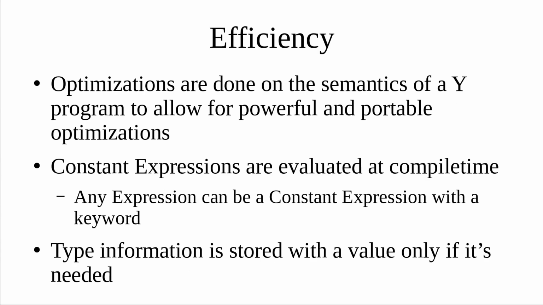So efficiency. Optimizations are done on the semantics of a Y program, which essentially means, okay, so if you don't know, with C, and I would presume other compiled languages, there are assembly optimizations that are done.